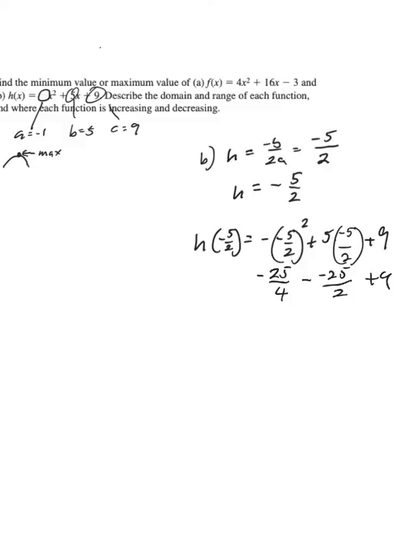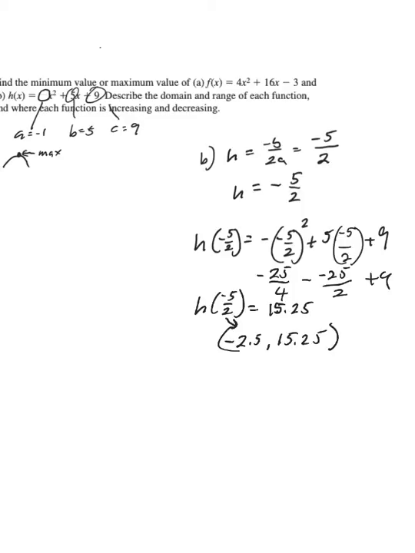If you do, you're going to get 15.25. Now comes the question, would you give me something like that on a test? The answer is, not without a calculator, I wouldn't. So anyway, h of negative 5 halves is equal to 15.25. And so the vertex is negative 2.5, which is the same as negative 5 halves, and 15.25.